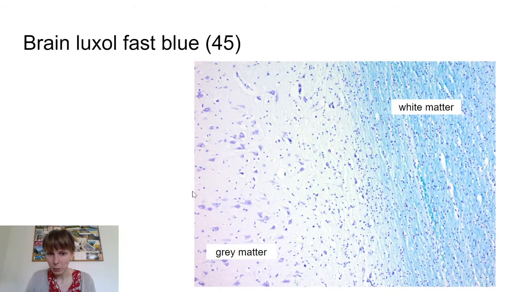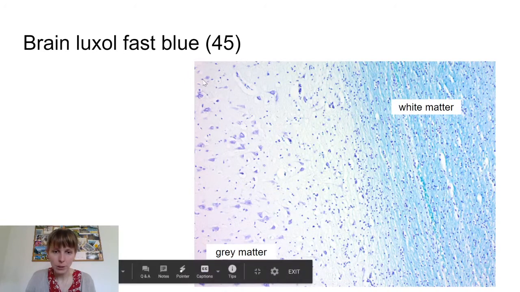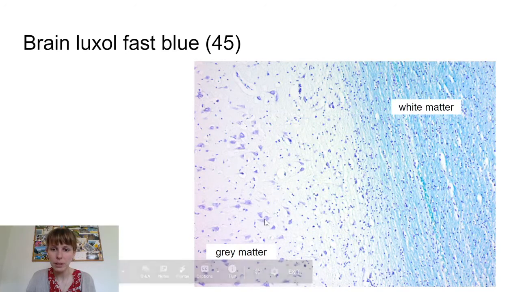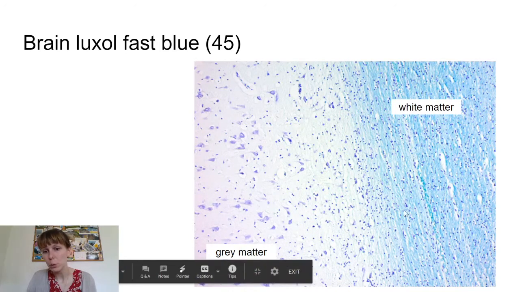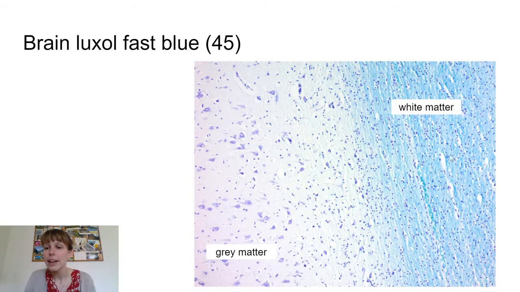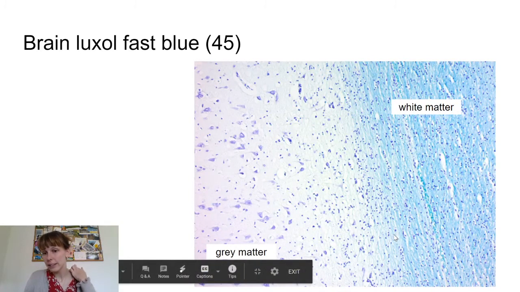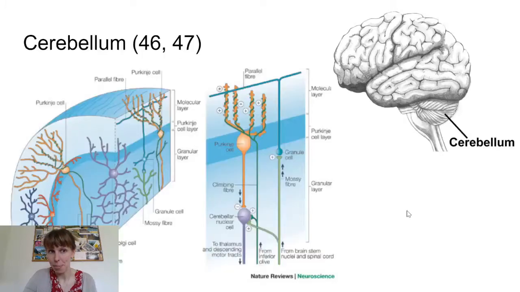And here you don't see the blue staining, so this is the gray matter. This would be the cortex that we just looked at in hematoxylin eosin, and this would be the white matter. White matter will be where you have axons myelinated by oligodendrocytes, and the myelin in the sheaths will be stained blue in this case.